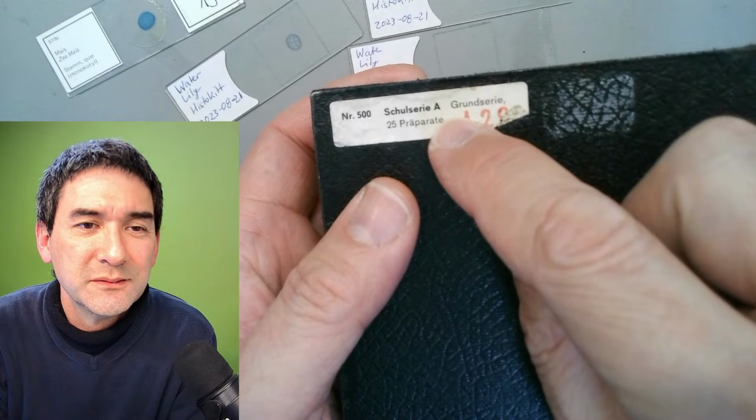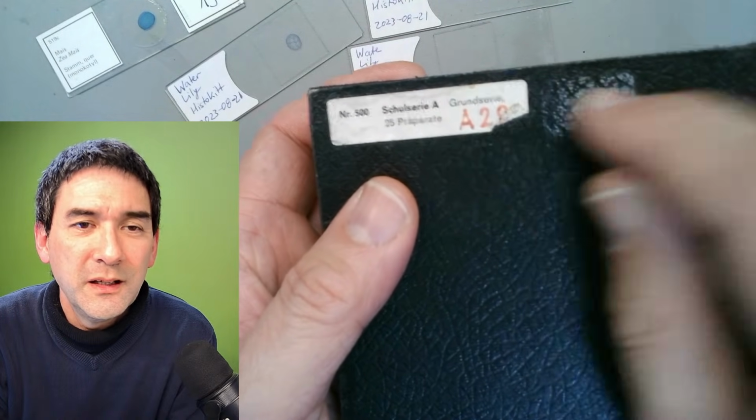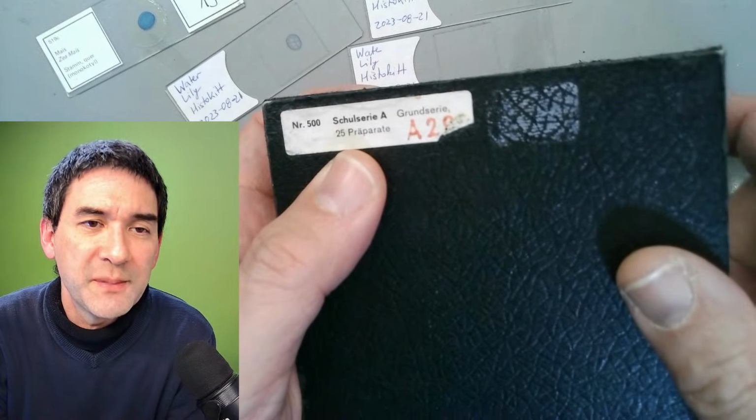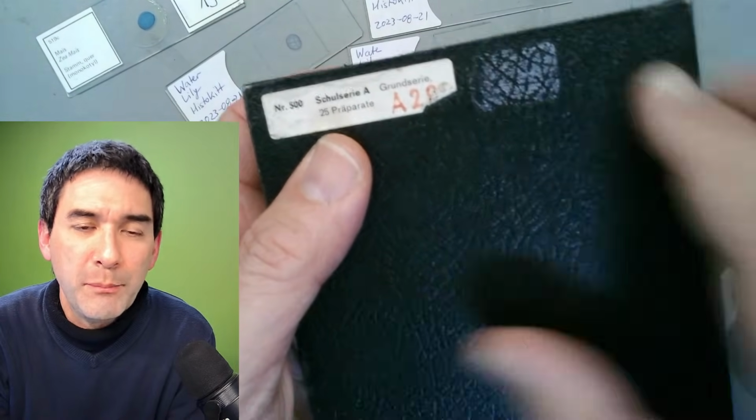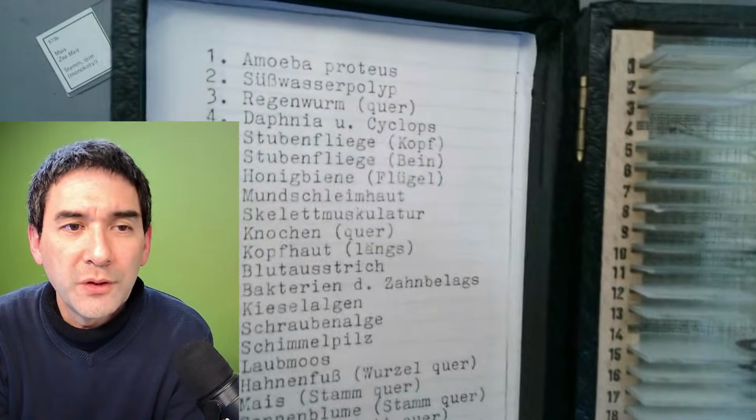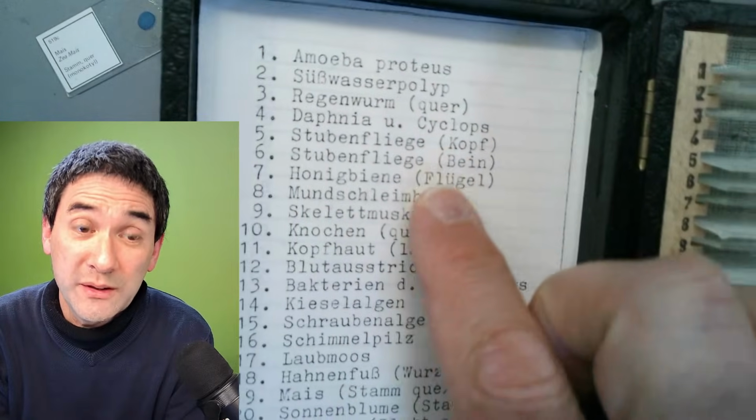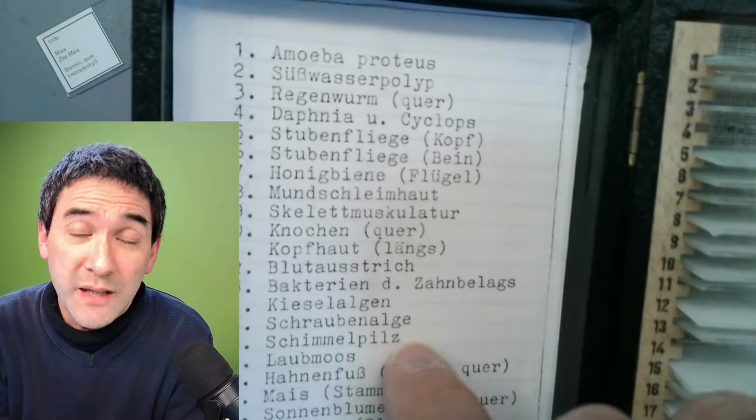Okay, so the original box looks like this. That's Series A. It's in German. It says here for schools, 25 specimens. So that's a box Series A, and in here you've got all of it typed out with a traditional typewriter, and then here the numbers.